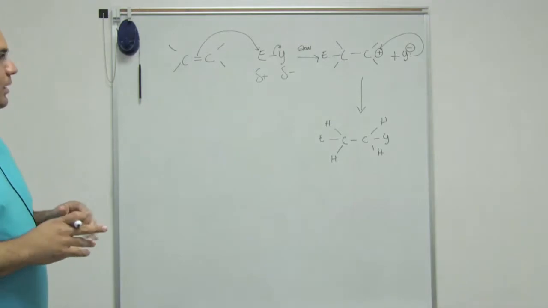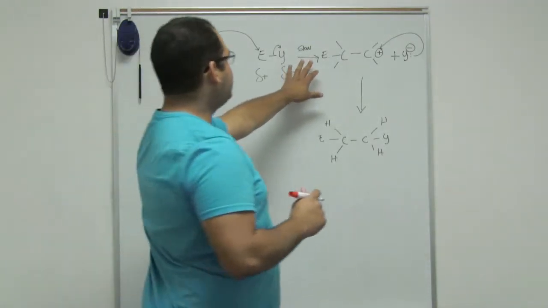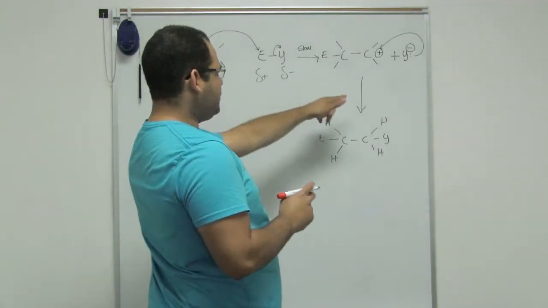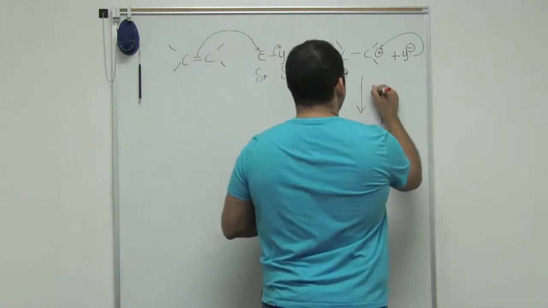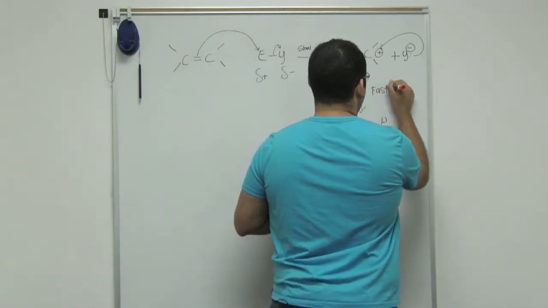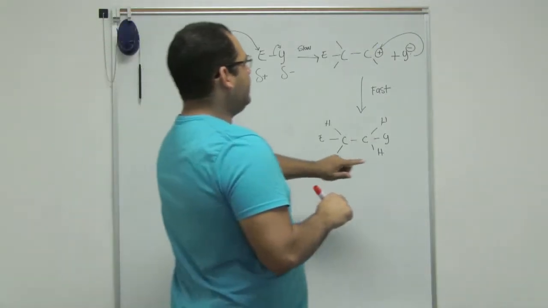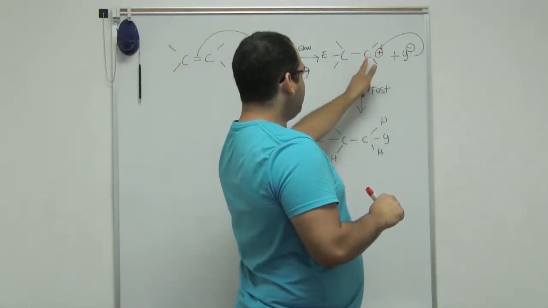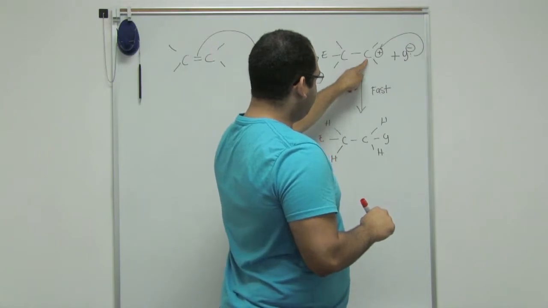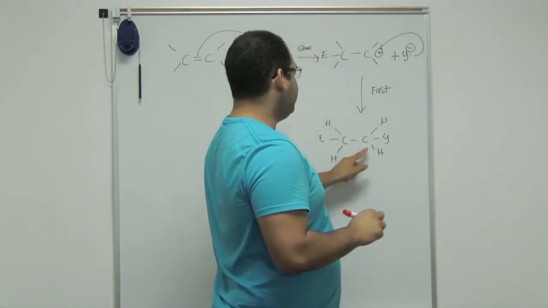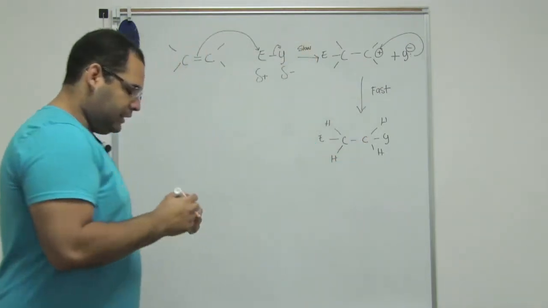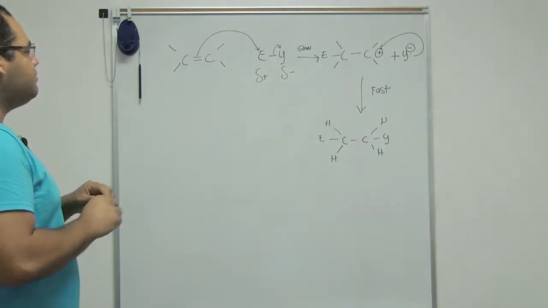Remember, the formation of the carbocation is a slow, rate determining step, and here is a fast step where we have our nucleophile attacking, and then we have the electrophilic addition that we learned before.